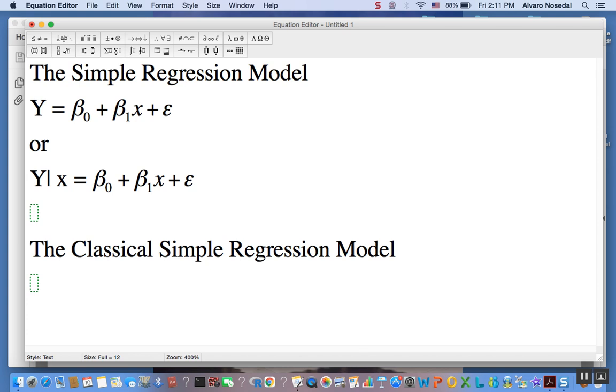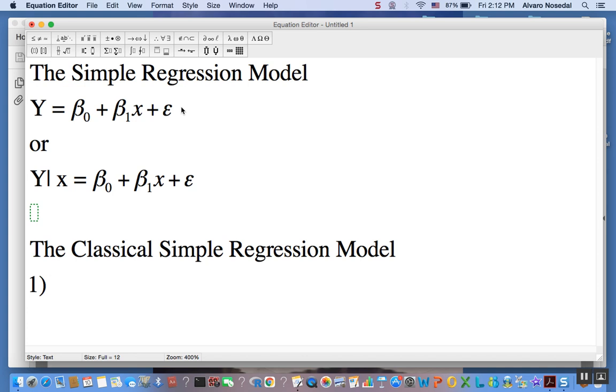Well, it has the following assumptions. The first assumption has to do with the individual values of the error term epsilon. We're going to be assuming that the epsilons are statistically independent of one another.